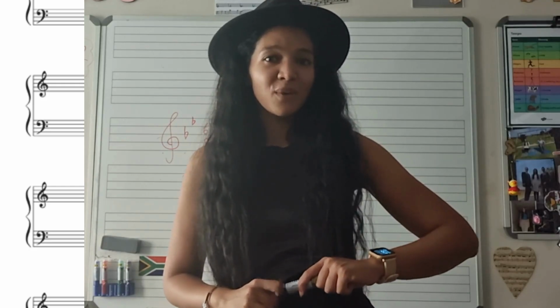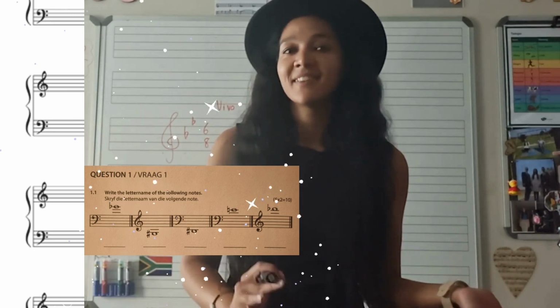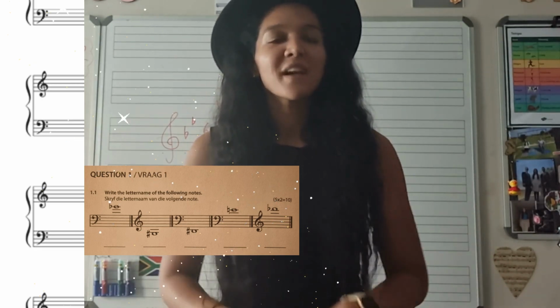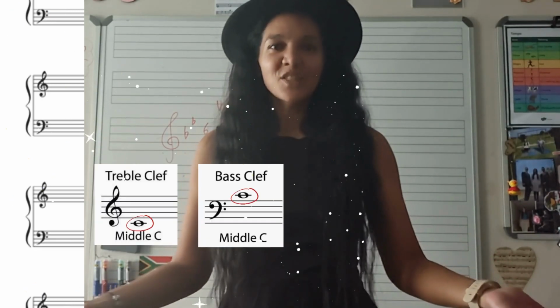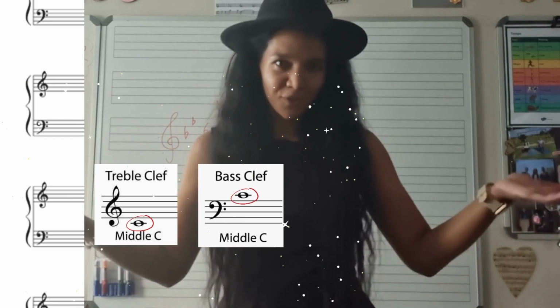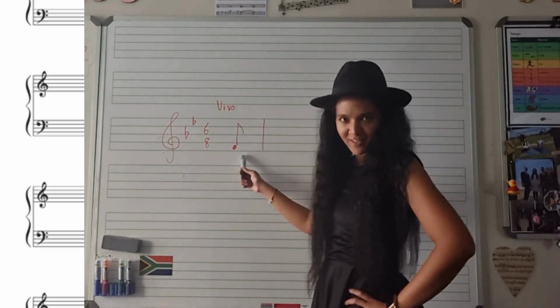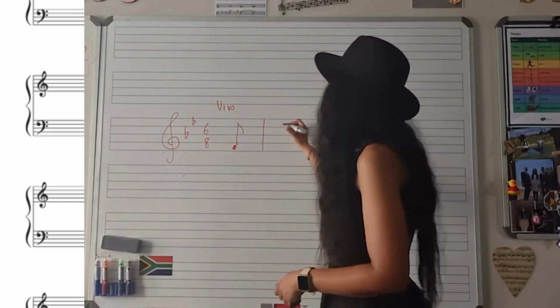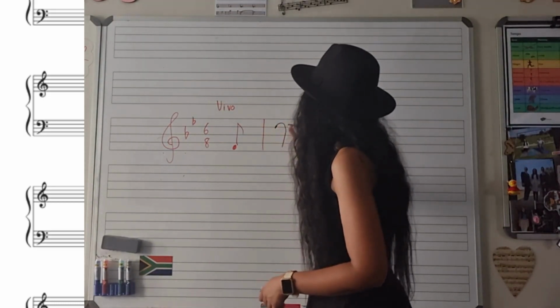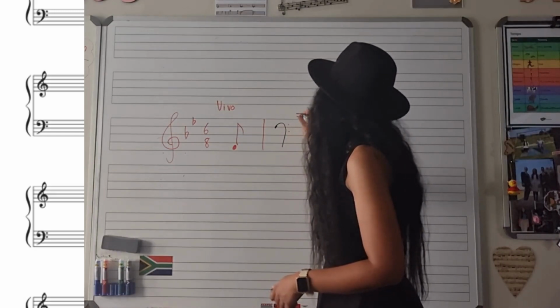So we have to transpose an octave lower, and the very thing that I said back in question 1 counts here. You have to orientate yourself at least around middle C so that you can know where you are and what to do. So for instance, this is our first note, F in the treble clef. Now if we think about it, that F in the bass clef would be up here.